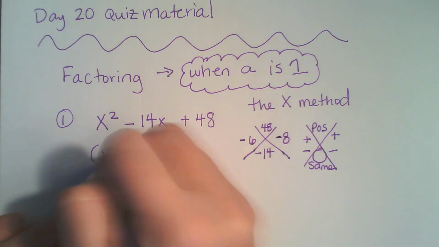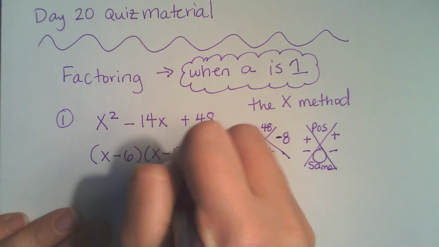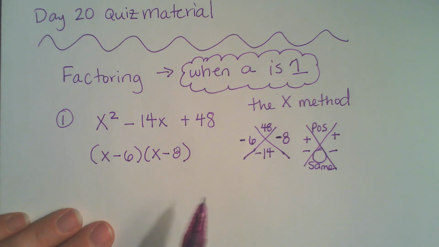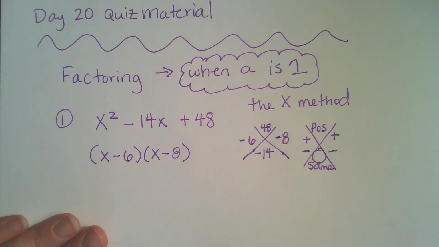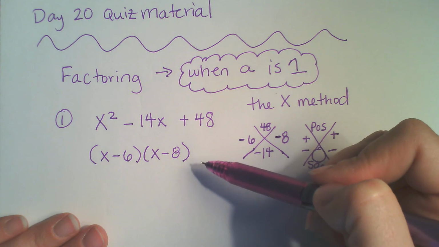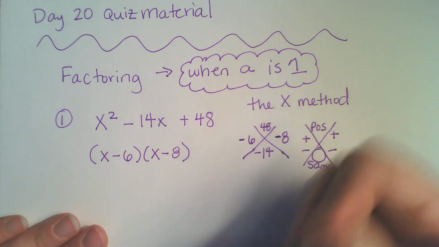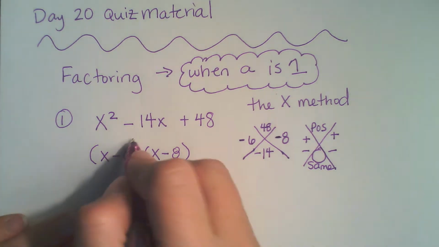So when I factor this, it's just x minus 6 and x minus 8, and I'm finished. Recently, we were solving by factoring, which we're going to talk about tomorrow. But I know I don't have to solve because this is not set equal to 0. They don't want me to go further. So I would just stop right here.